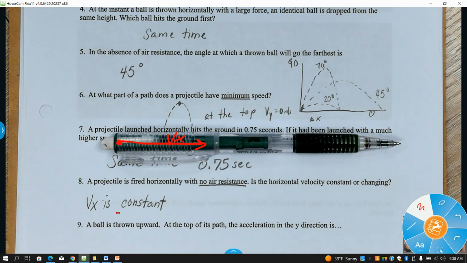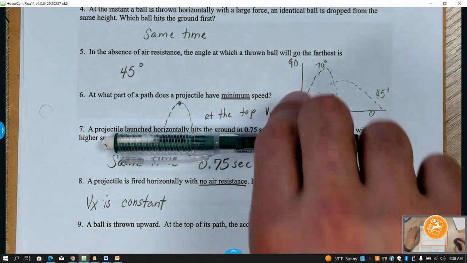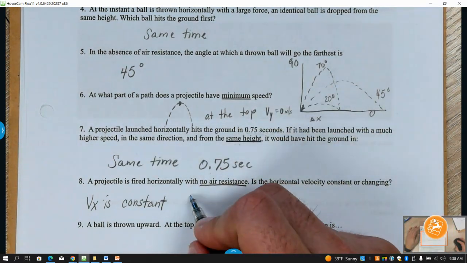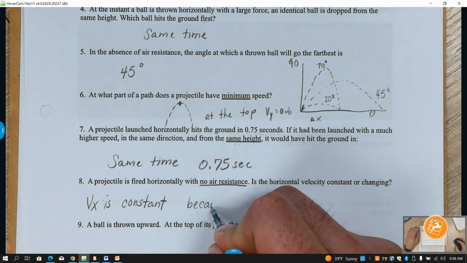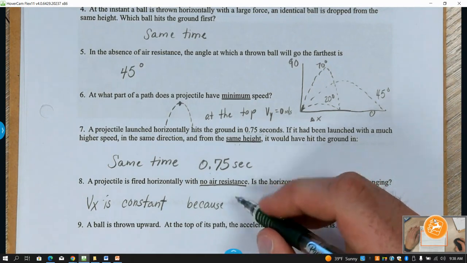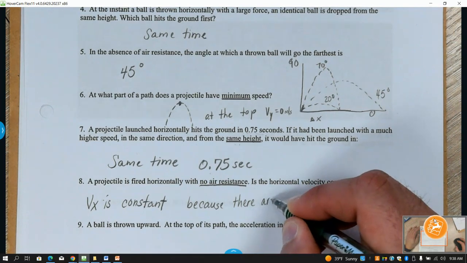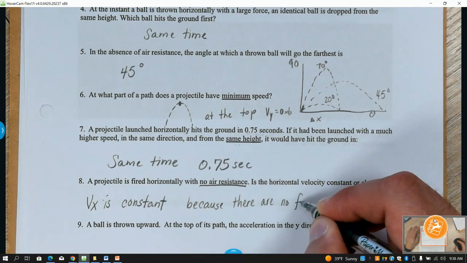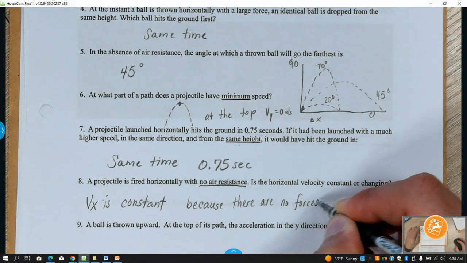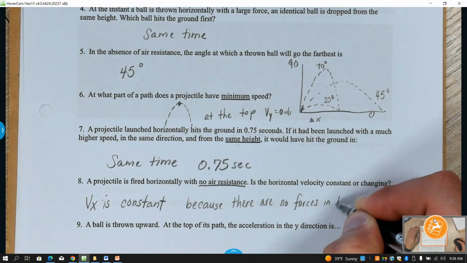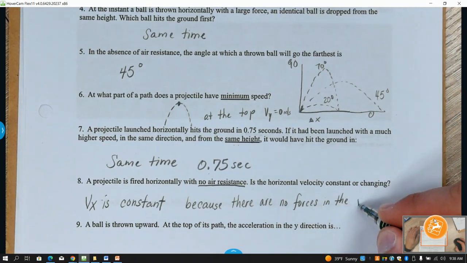So that is why it remains constant. And what we just want to add to that is because there are no forces in the x direction.